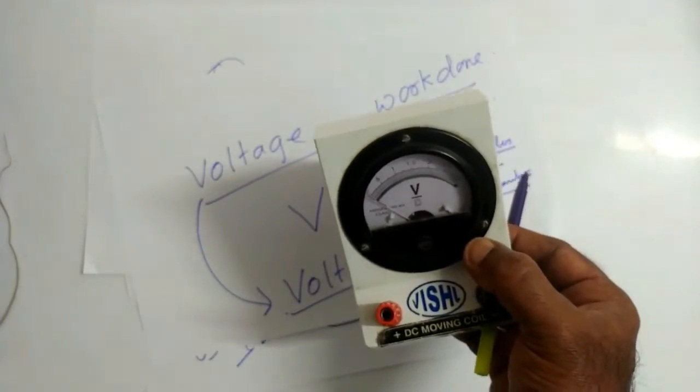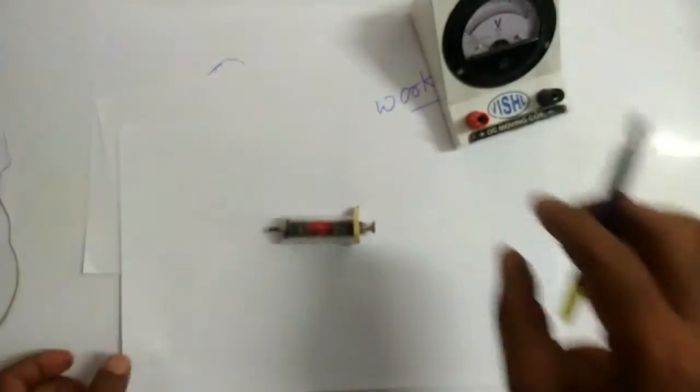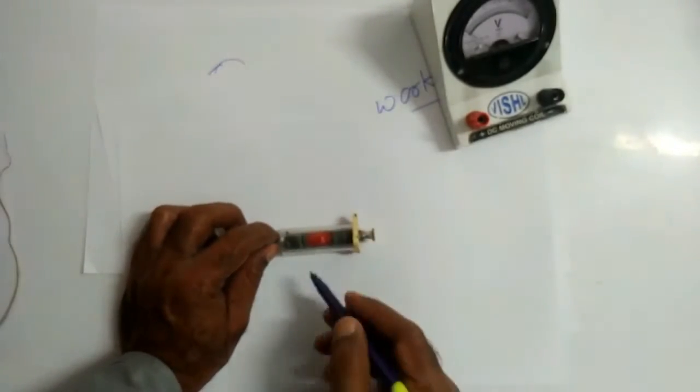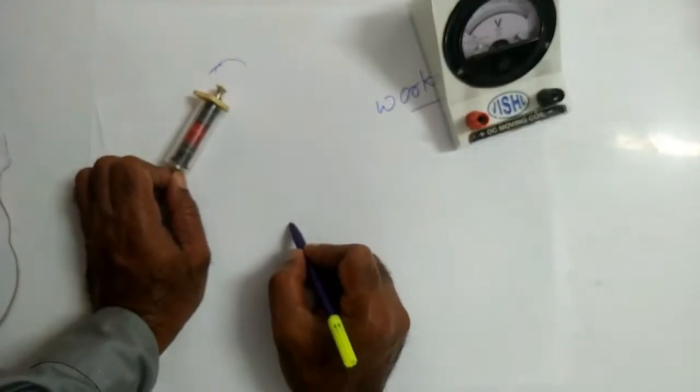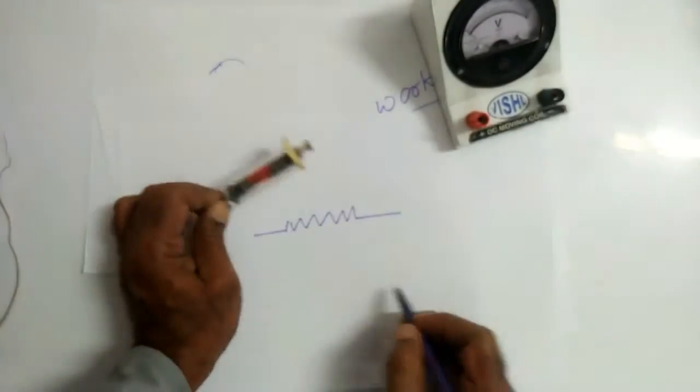Let's say that there is a resistance here. For example, this is the resistance, and resistance is denoted by the symbol. So this is the resistance.